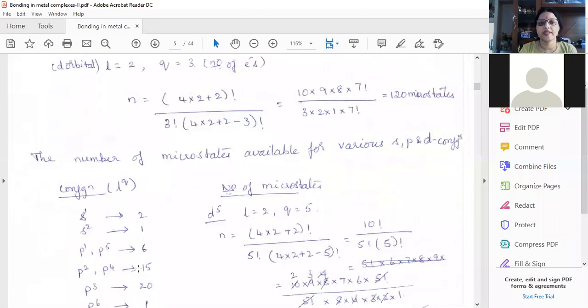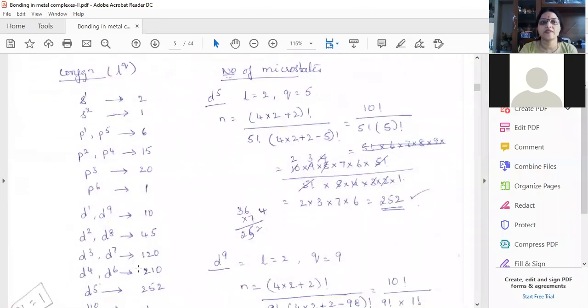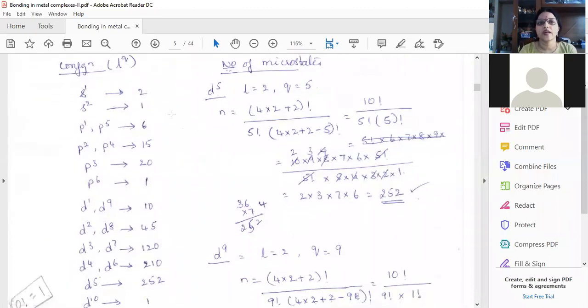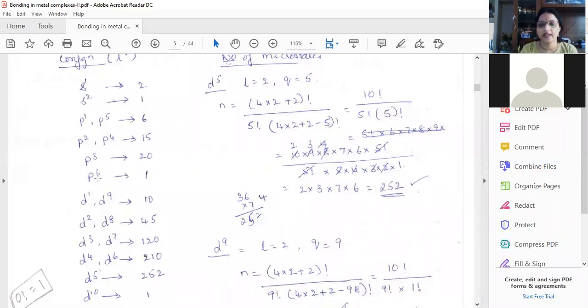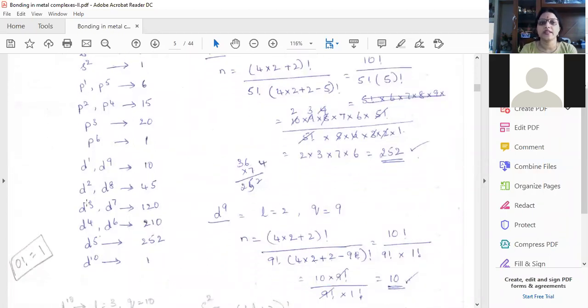We have done a table of the microstates obtained for each configuration: s1, s2, p1 to p6, then d1 to d10. We have done all these calculations.